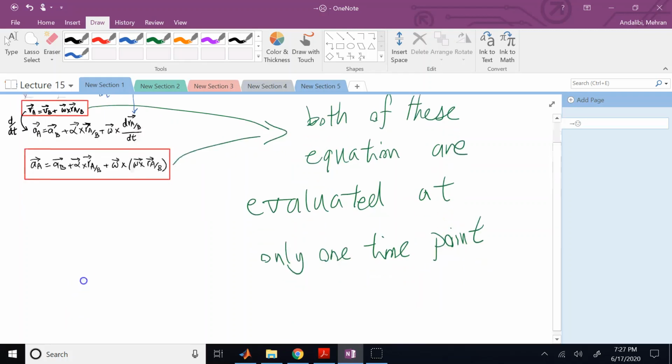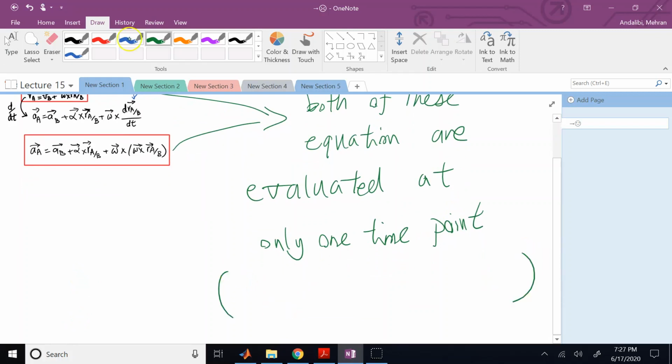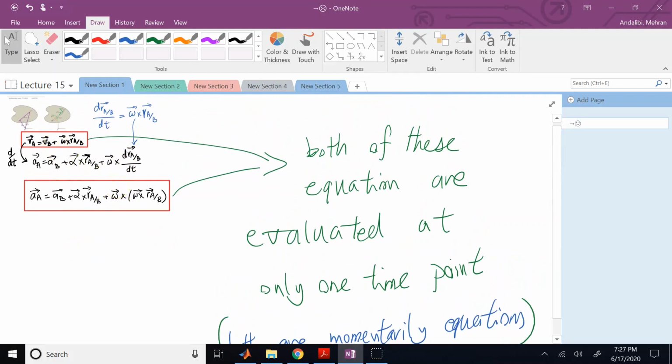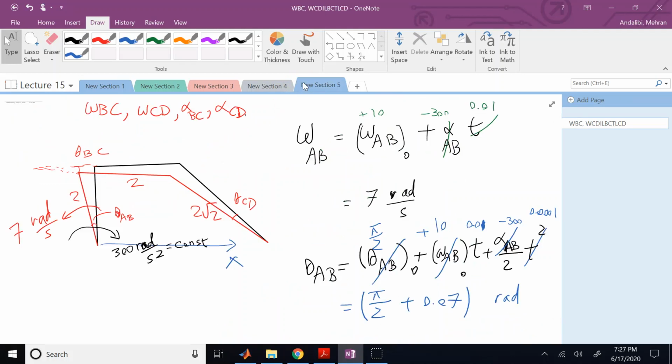They are both momentarily valid, or momentary equations. At the next time point, they are still valid, but the numbers are not going to be the same numbers. They have to be redone. So please keep that in mind.